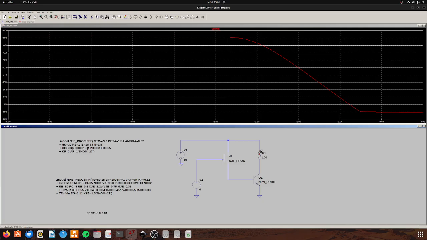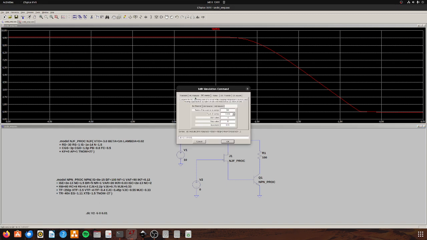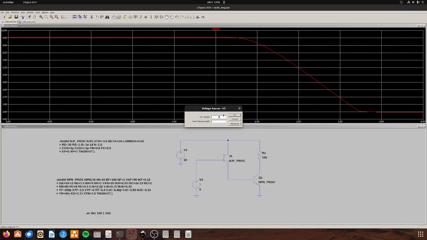In order to check this, we run an AC analysis. Points per decade we want 100, starting frequency we want 1, and the stop frequency I want 10 GHz.